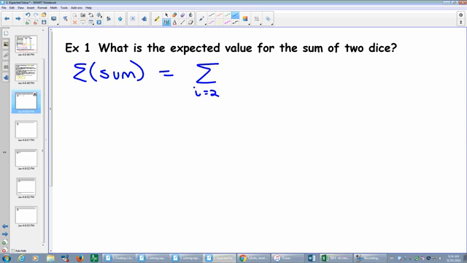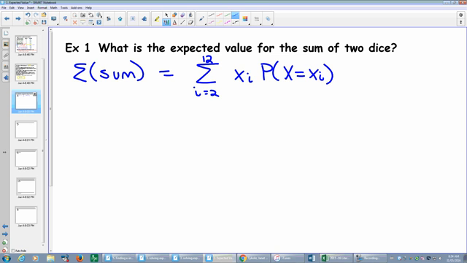That is the smallest value that you can get when you roll die. And then up at the top here is 12. So I'm going to add all of the numbers from 2 to 12 with that probability. And then in general notation, I have xi times the probability when x is equal to xi. Okay, so this is very generic, and I'll show you what this means.